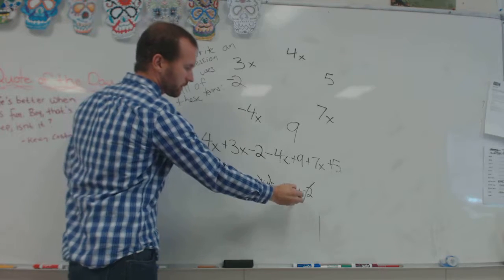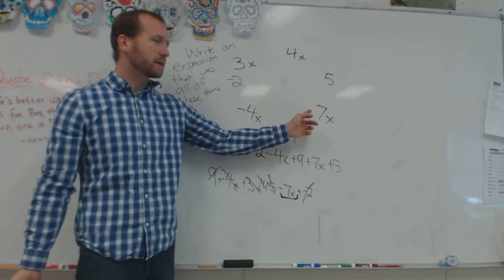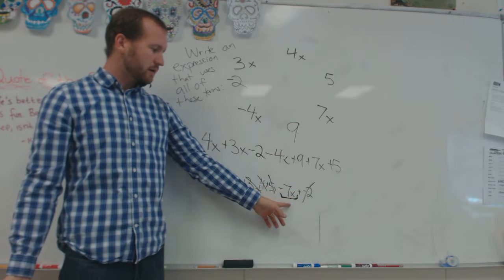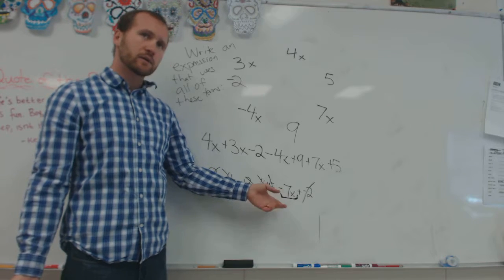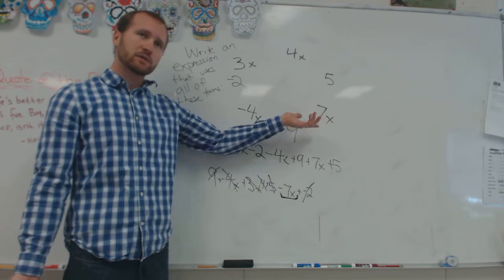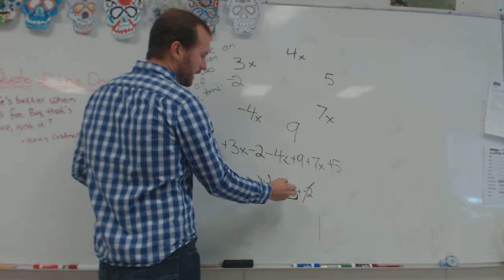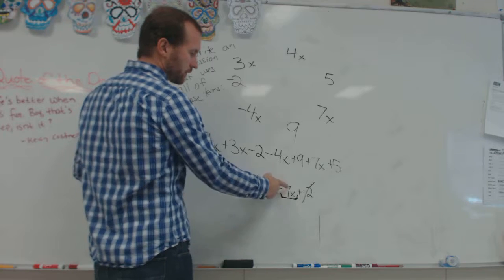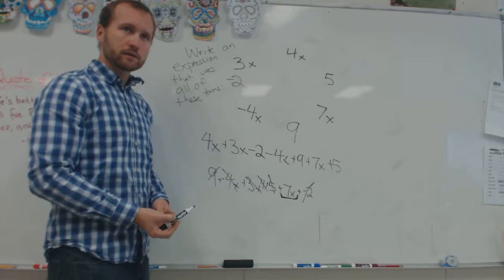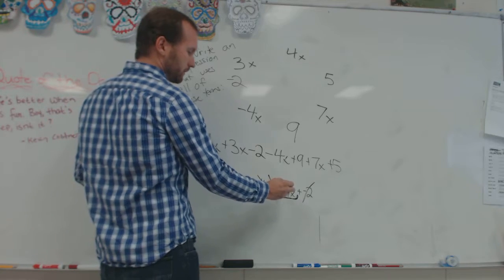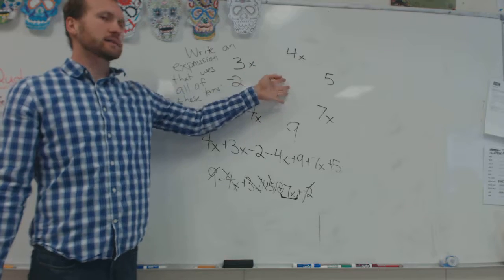Where did this one come from? The bottom. Okay, this is a 7x term here. How did you put it into your expression? You put it as a negative. So that would be a negative 7x term. Minus 7x. So you could put minus a negative 7x to make that correct, or you could just put plus 7x. So I want you to fix that in your notes. That would have to be a plus in order for that to have these exact same terms.